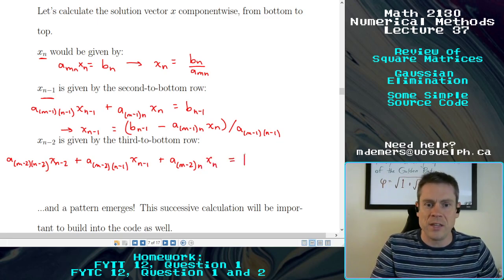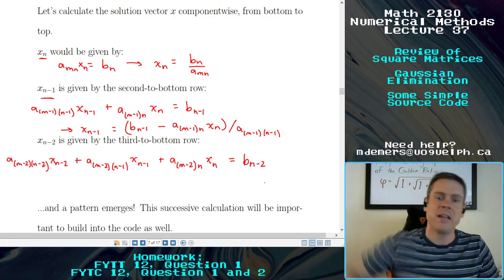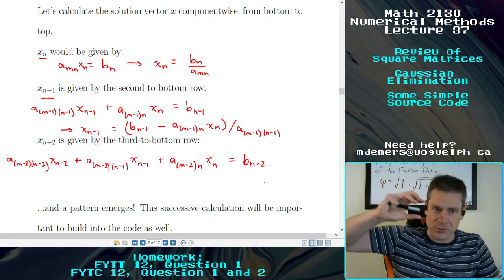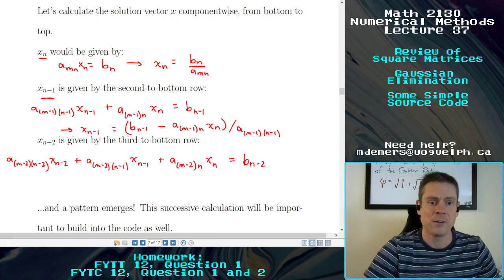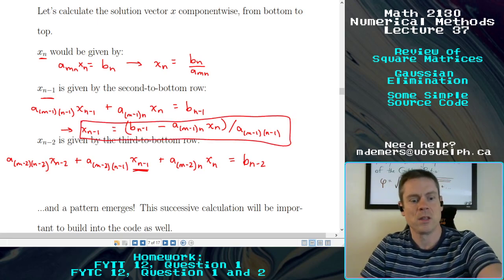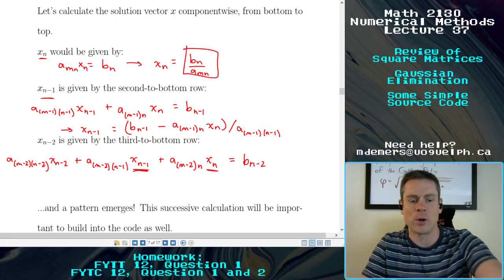This is going to equal the n minus second entry in that b vector on the right. At this stage, we've solved for xn, we've solved for xn minus 1, and now we need to solve for xn minus 2. So we know this one, that's given by this ugly thing up here. And we know this one, this was our very first step, that's just this little quantity right here.